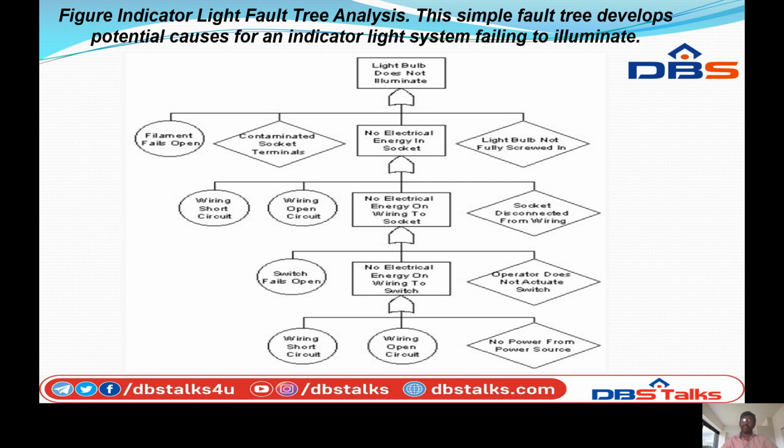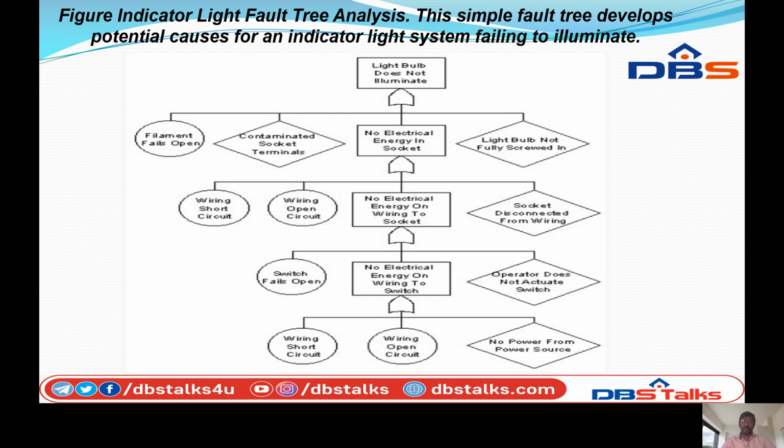So we can check the socket, whether the wire is disconnected or not. When the wire is disconnected, there is no supply of current, so the bulb is not blowing. So this is the second step to identify the problem in the bulb not blowing.